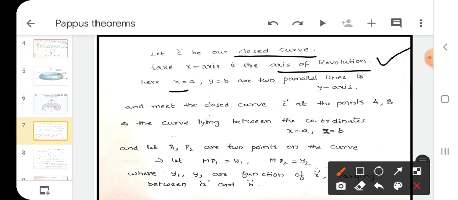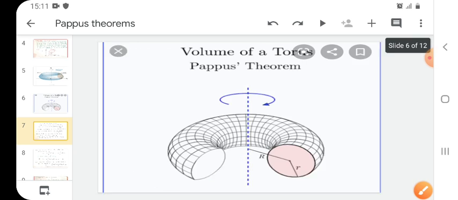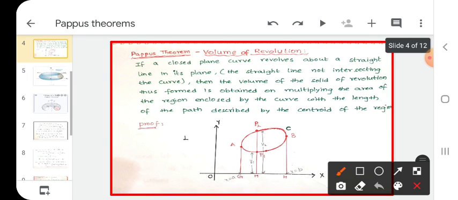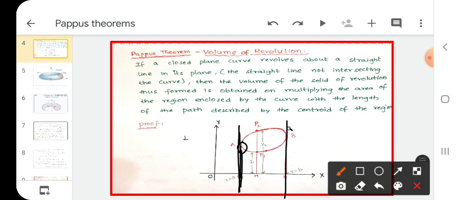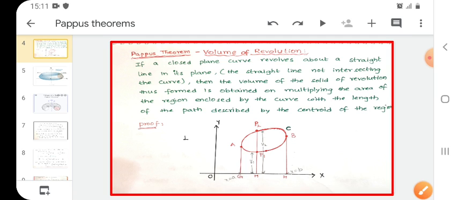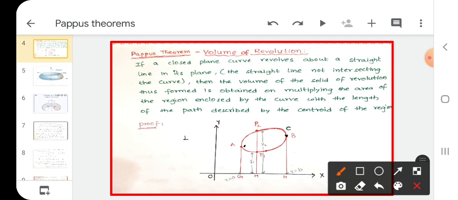Here x equals a and x equals b are two lines parallel to the y-axis, and they meet the closed curve C at the points A and B. The parallel line x equals a touches the curve at A, and the line x equals b meets the curve at B. So A and B are points on C.